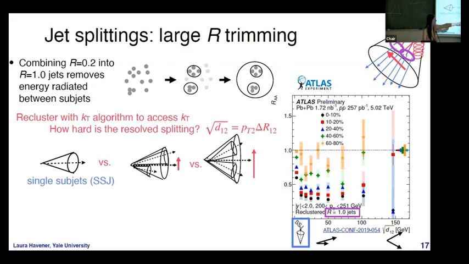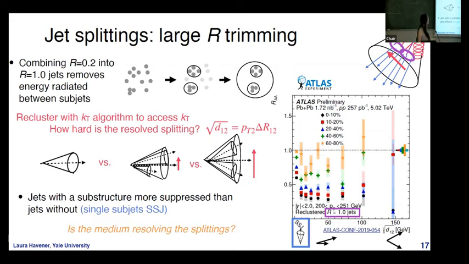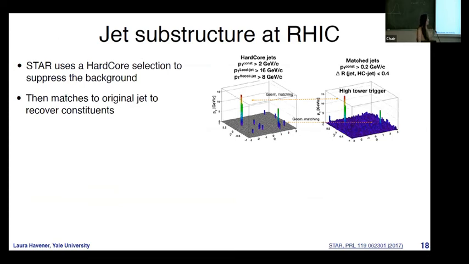They see no significant modification with the D12 variable, but they see an increased suppression for the resolved splitting versus the single subjets, which could be consistent with a picture of resolving the splittings in the medium.